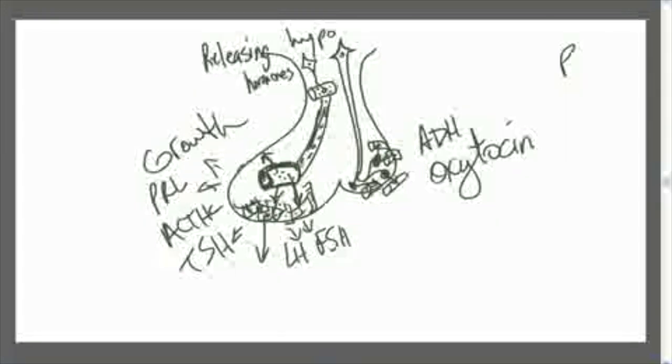But this entire group is called a portal system. Want to take a little guess what a portal system is? Yeah, we're going to say it a little more specific than that, but it is. It's a network of vessels that begins and ends with capillaries.